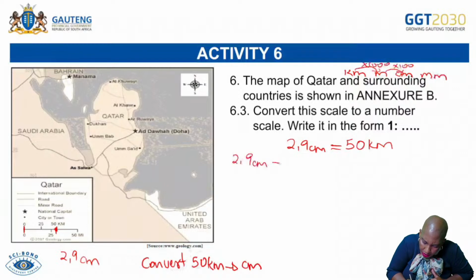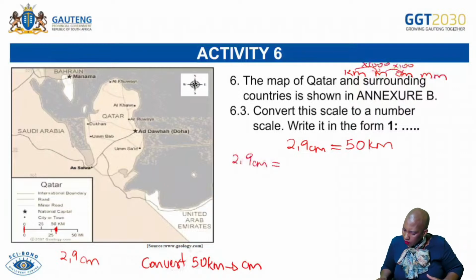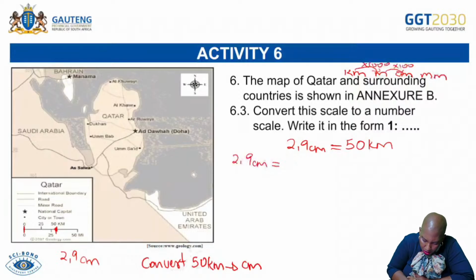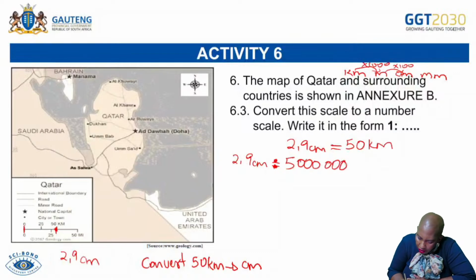So meaning the 50, then I'll say 2,9 centimeters is equal to 50, I am multiplying it by 100,000. Then it will be 5 million. So meaning I must write it in a ratio form now. 2,9 is to 5 million centimeters.